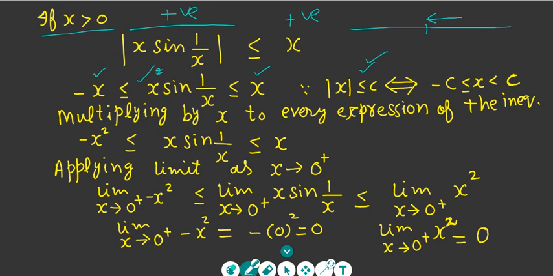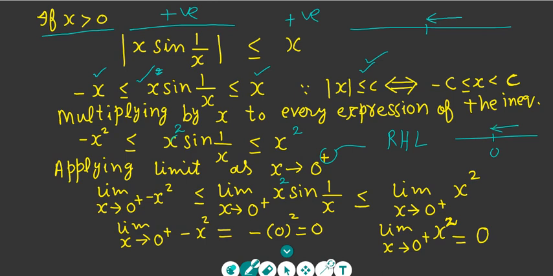After multiplying we get x square, and here we also get x square. Now we apply the limit as x approaches 0 with a positive sign, which shows that we are taking the right hand limit, approaching 0 from the right hand side.